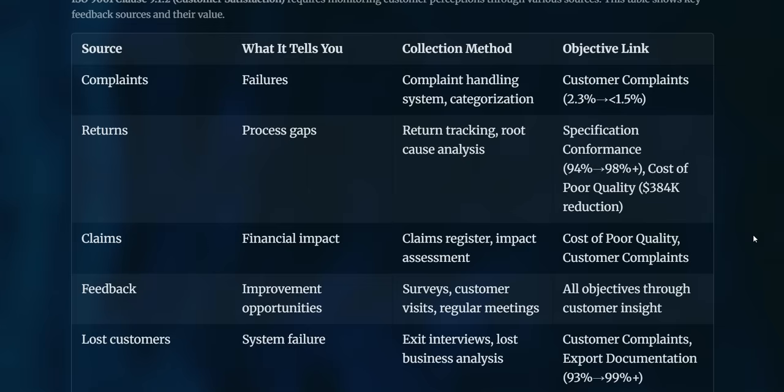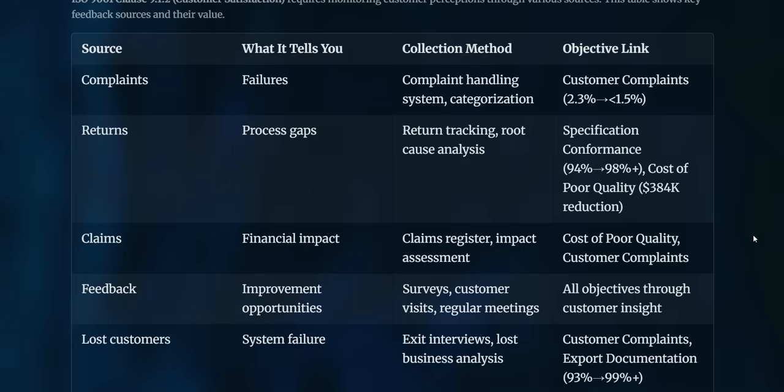The first source is complaints. What do complaints tell us? They tell us there is a failure, and collection methods for complaints data include a complaints handling system and categorization. Objectives addressed by complaints data include customer complaints reduction.